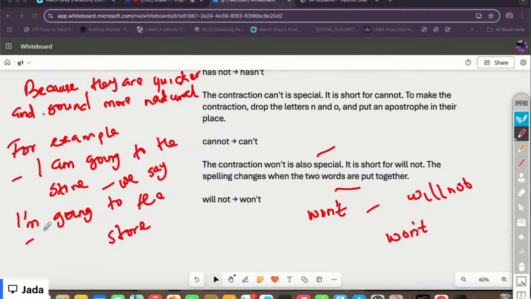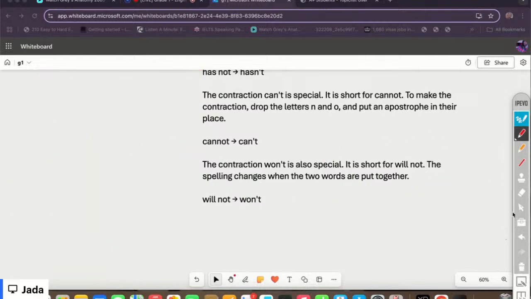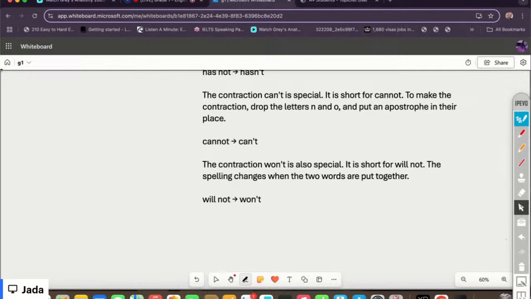Okay, so let's have some list of contractions. We have a lot of contractions. So let's have some examples of the contractions. Okay, so yeah, let's move on.